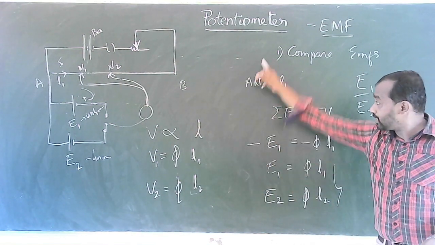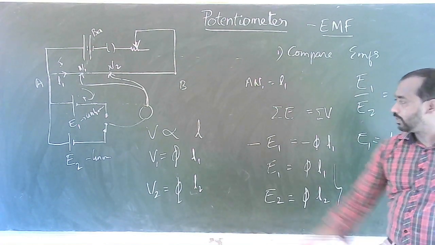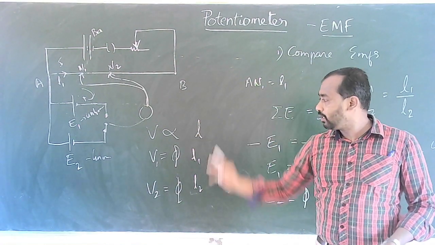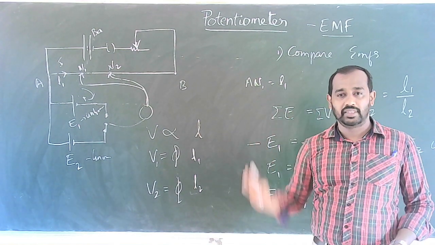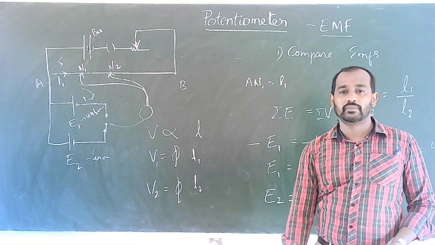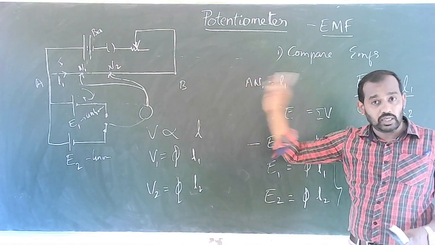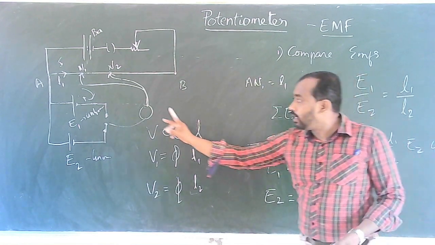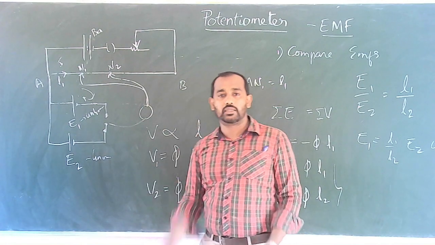So forget about this. Here are the steps you have to follow. In a potentiometer wire, the potential drop is directly proportional to the length. That's the important thing. You have to remember that at the balance condition only, the potentiometer is not drawing the current from the cells.